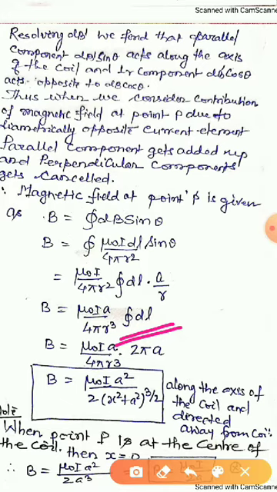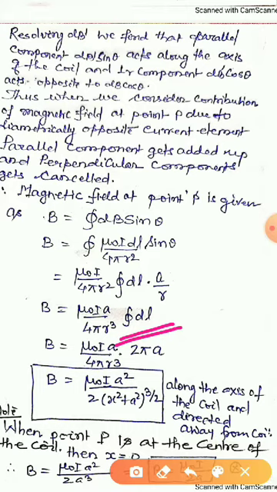So if we add the length of all the elementary elements of the conductor, we get the entire length of the conductor, which is equal to circumference, and circumference is 2 pi r. But here we have taken a as a symbol of radius, so we will write 2 pi a.